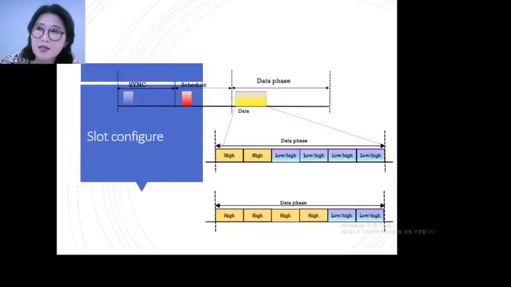Next, the transmission architecture is shown in the figure. Based on the Q value calculated for transmission, the transmission slot is configured in the frame. If the value of Q is high, a large portion of a slot is configured as a high data transmission slot.